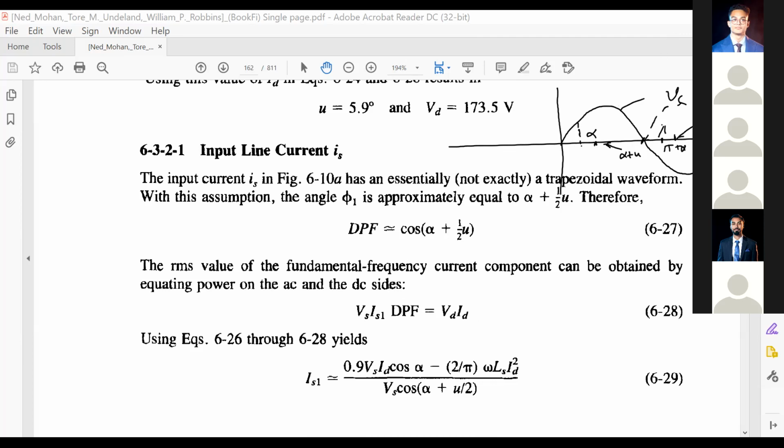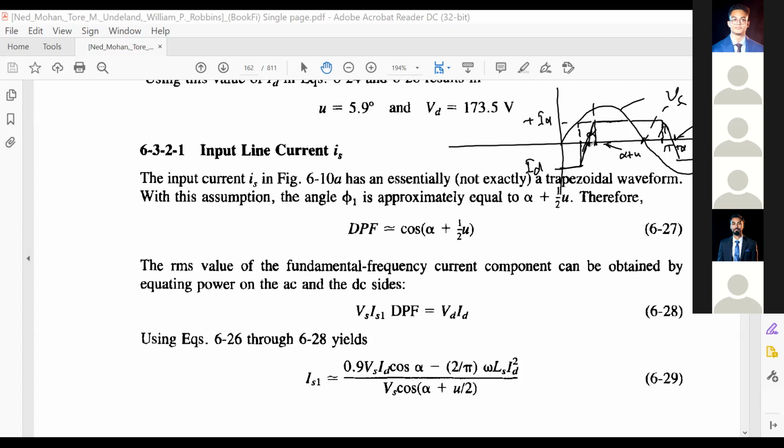And if you remember the wave shape of the current, this is u. This is the current, and then that has gone to this one. You remember this wave shape? This is your minus ID, and this one is plus ID.